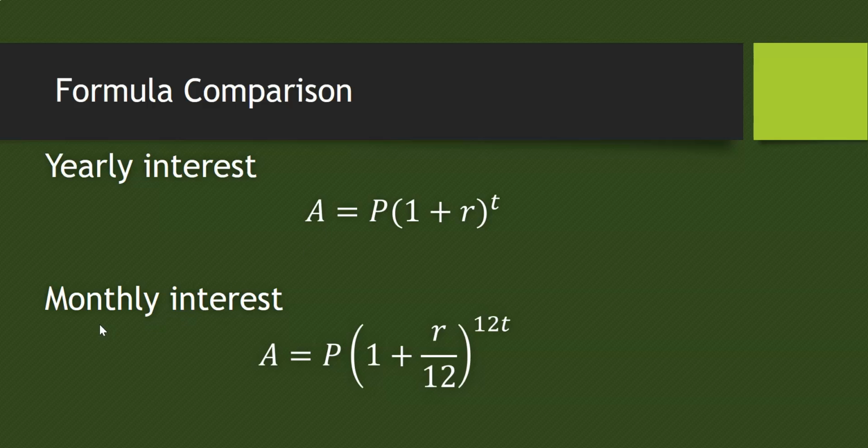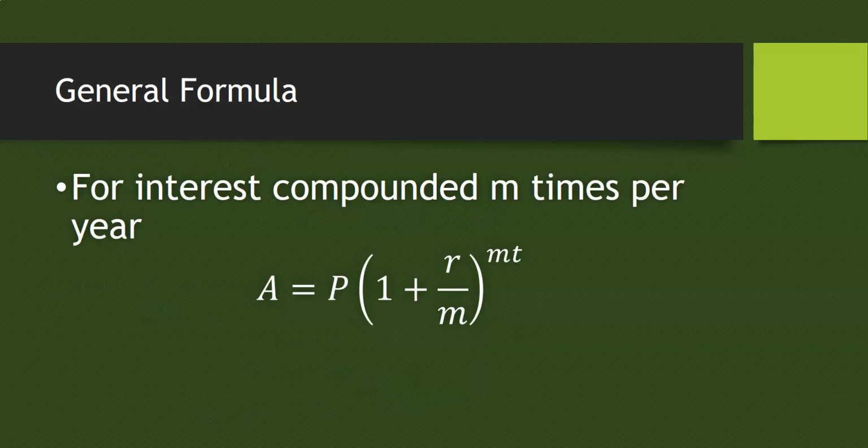We saw that also if interest is compounded on a monthly basis, you can find the final amount given this formula. So what we're going to do in this section is look at our general formula for compounding interest and then do some comparisons.